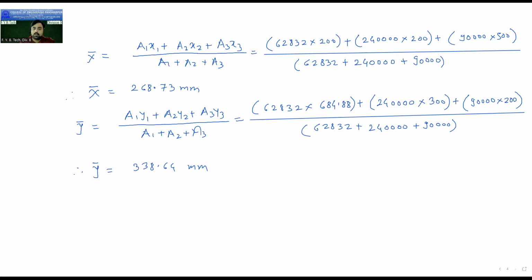Y bar value बरोबर आहे का? 338.64. You are taking too much time for the calculation. Calculation should be very fast and accurate.